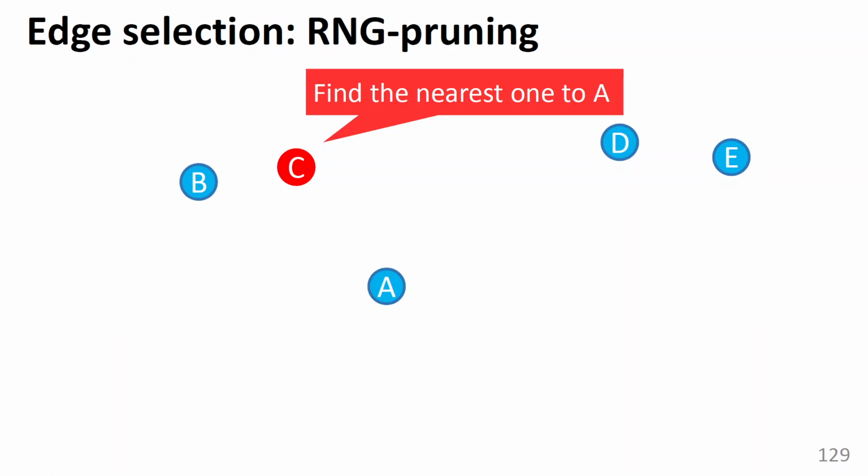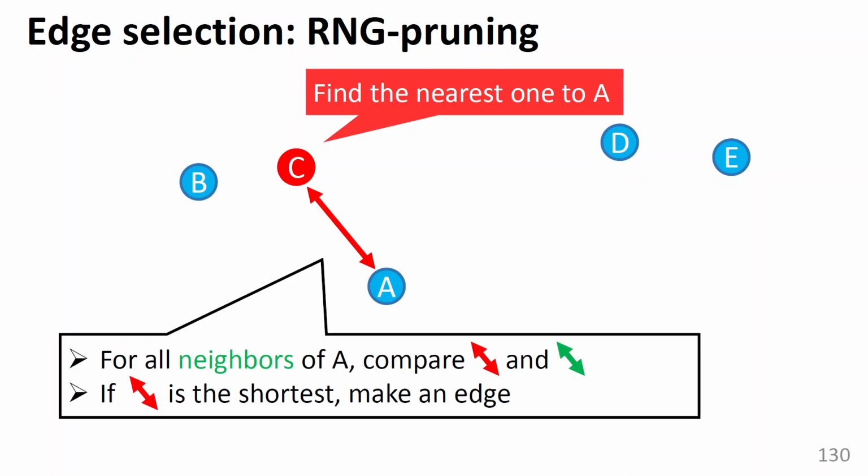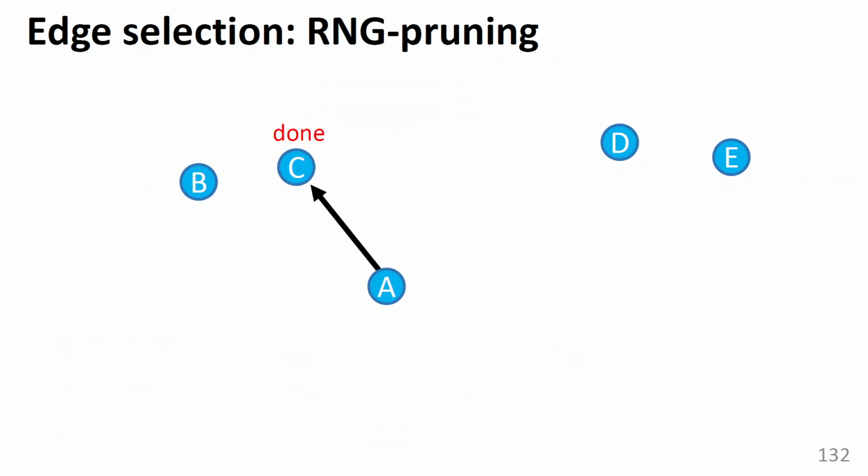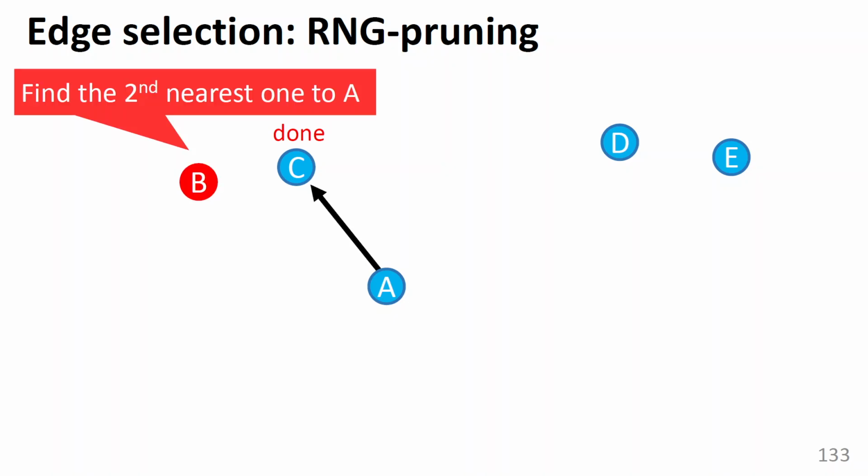First, we find the nearest one to A. In this example, node C is the closest one, so we build a real connection between A and C. Then the second nearest to node A is node B.